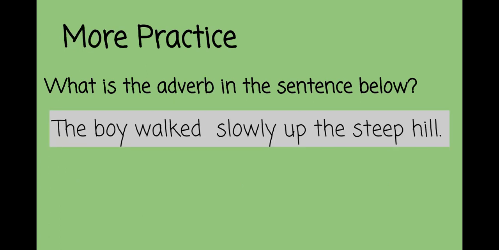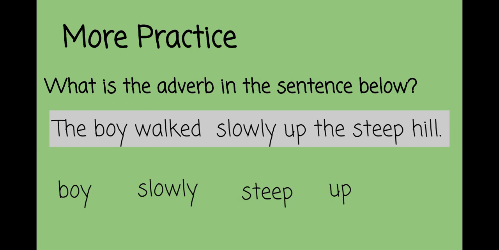What is the adverb in the sentence below? The boy walked slowly up the steep hill. And remember, an adverb describes a verb, which is an action. So what word is describing how I did something? Here are your choices: boy, slowly, steep, up. What word is describing how I did an action? I'll read the sentence again.